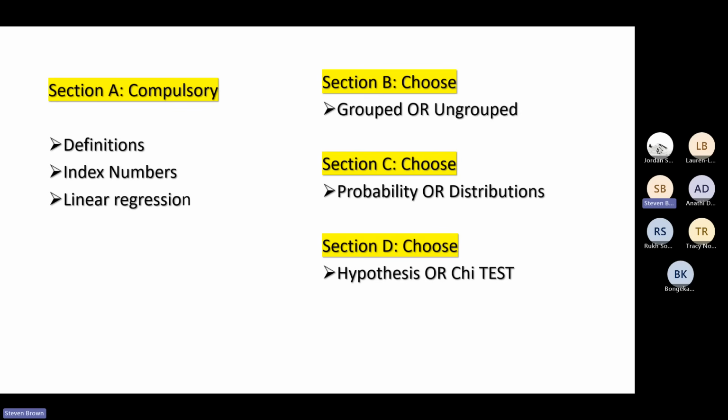Now, ungrouped data is one long line of data, and that's generally the first question that you come across in this section B. You can alternatively choose grouped data, which is data reflected in a frequency table where you will have intervals, say, between 20 and 25, 25 to 30.